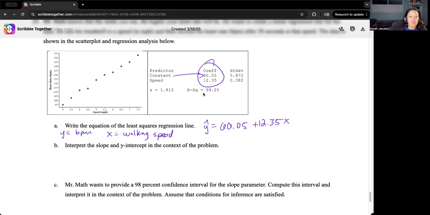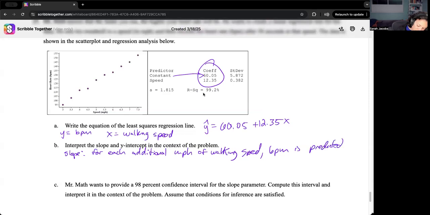Done. Interpret the slope and y-intercept in the context of this problem. So the slope: for each additional mile per hour of walking speed, BPM is, and this is a key word, predicted to increase by about 12.35.